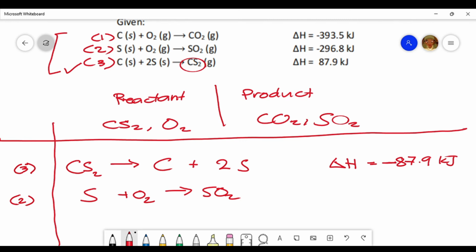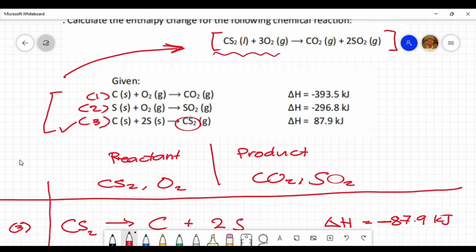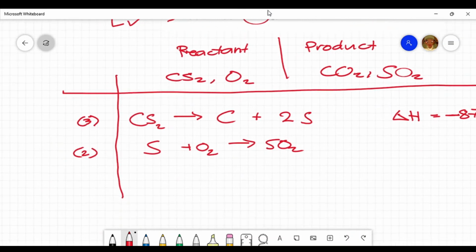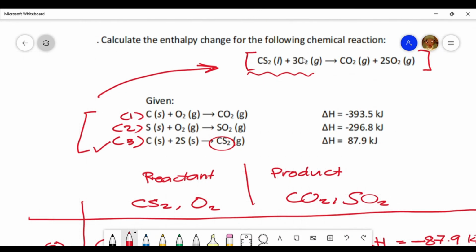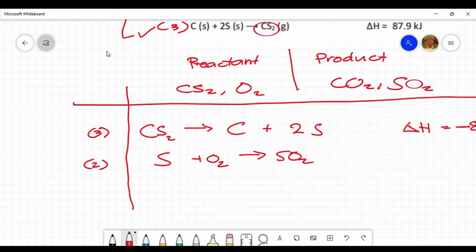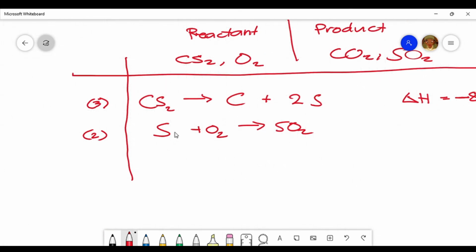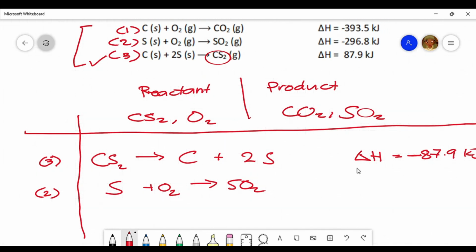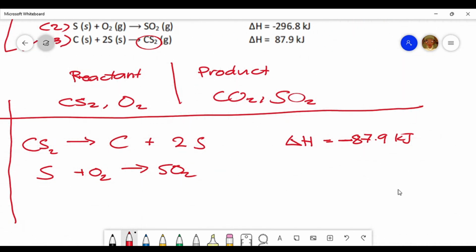No, it's actually balanced, but I want the O2 to have a coefficient of 3. So that's for a later part. I'll first write the enthalpy change required, which is in equation 2.